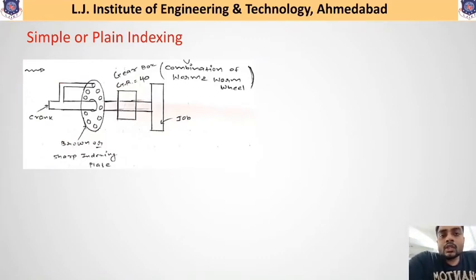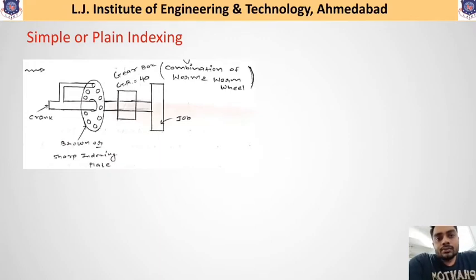That means rotation of the crank results in rotation of the worm gear, and this worm gear rotates the worm wheel, and the worm wheel rotation gives the final rotation to the workpiece. So when we rotate the crank 40 times, the 40 complete revolutions of the crank result in 1 complete revolution of the workpiece. That is the major interpretation of this gearbox having gear ratio 40.